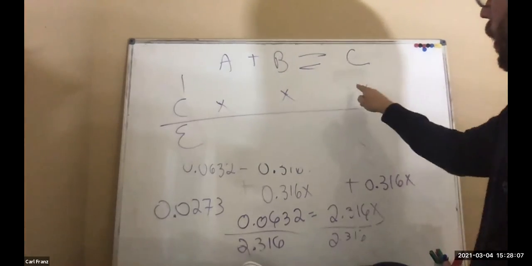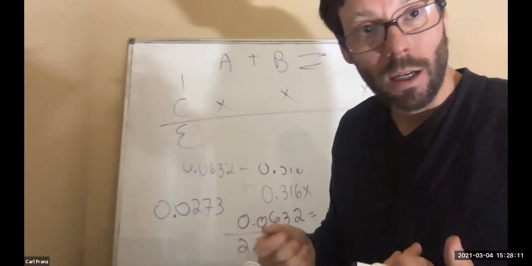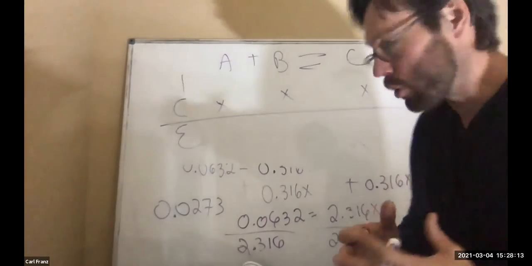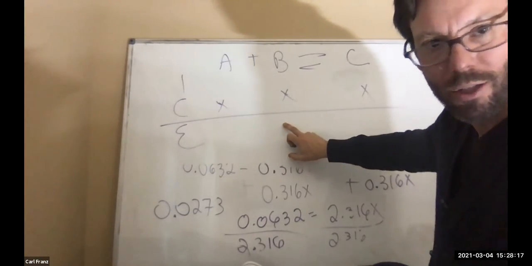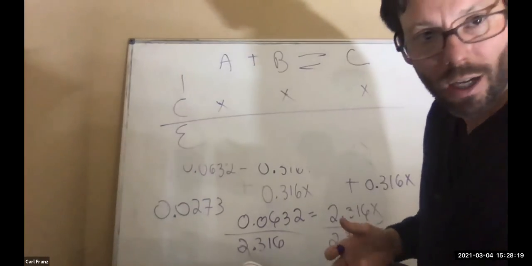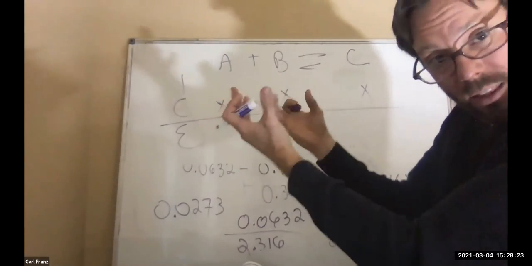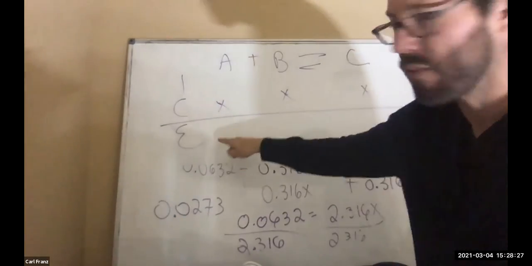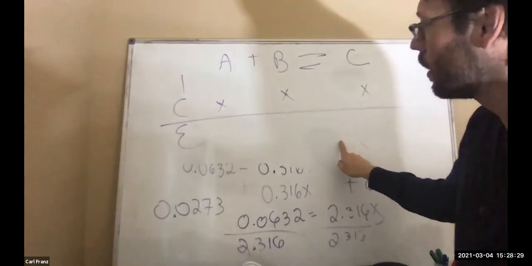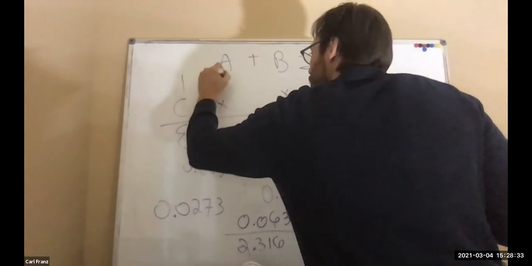We want to know which x's are positive and which x's are negative. In the very first ICE table, they gave us one of the equilibrium concentrations and one of the initial concentrations. By subtracting or adding those, looking at those relationships, we could determine the change. But if we don't have an equilibrium concentration, we only have an initial concentration.